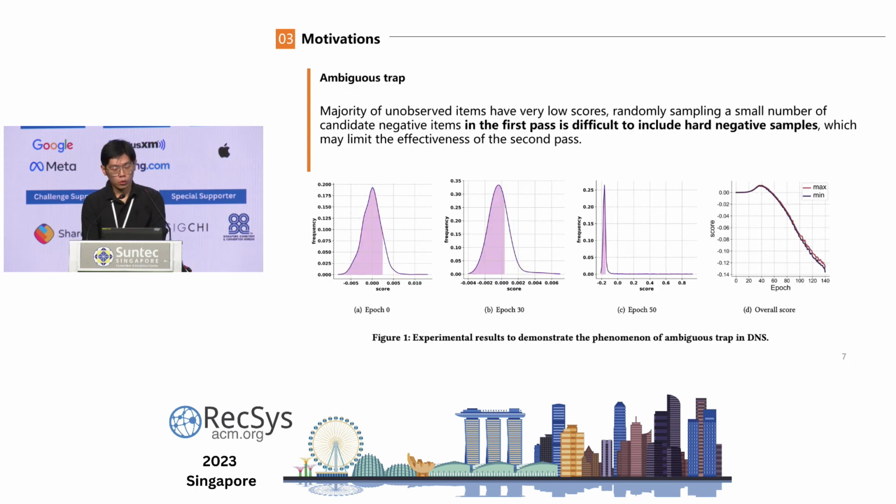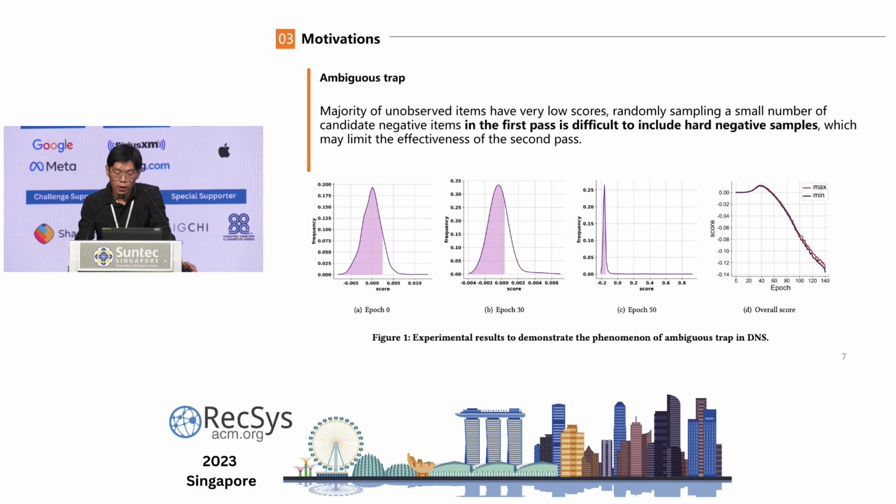In this paper, we reveal 2 notable limitations in existing studies. First, we call it the ambiguous trap. The majority of unobserved items have very low scores. So randomly sampling a small number of candidate negative items in the first pass makes it difficult to include hard negative samples. To verify this point, we choose MF as a base model and calculate the scores of all unobserved items in different training periods.